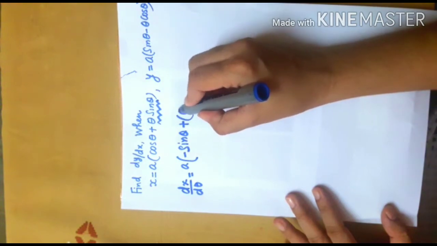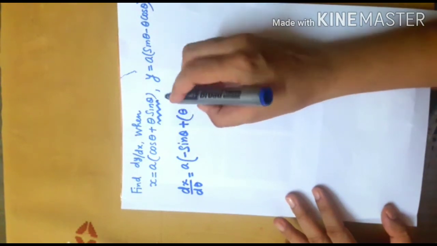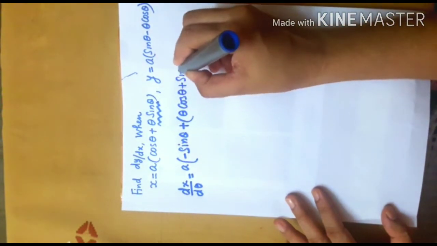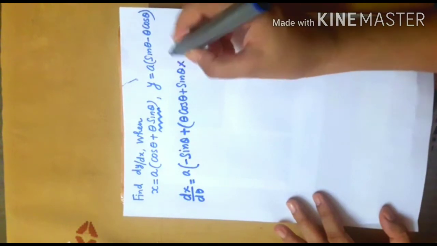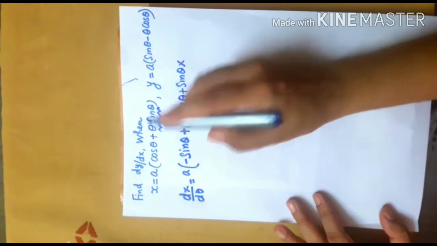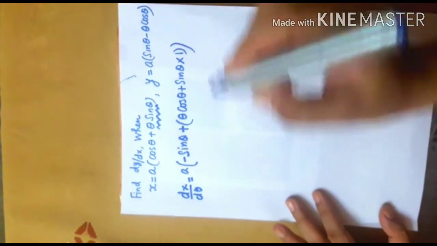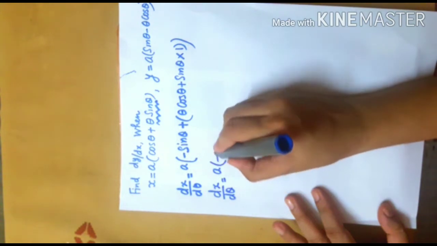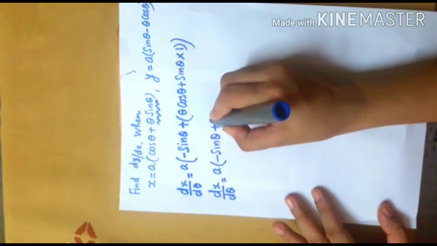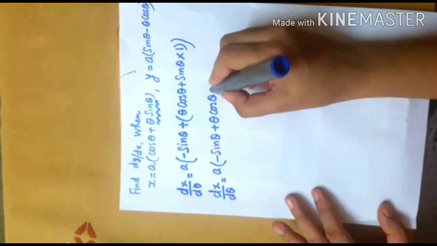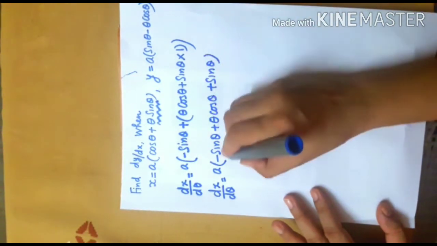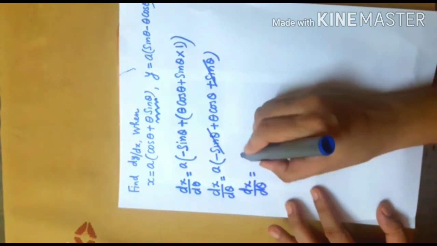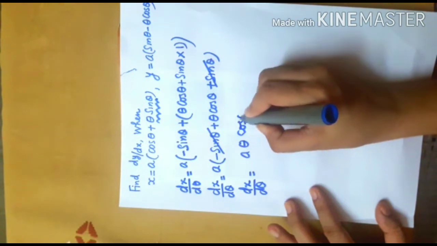So first function, that is theta, into derivative of second function, cos theta, plus second function sin theta into derivative of first. Derivative of theta with respect to theta is 1. So dx by d theta will be a(minus sin theta plus theta cos theta plus sin theta). This will get cancelled out. So dx by d theta is a theta cos theta.